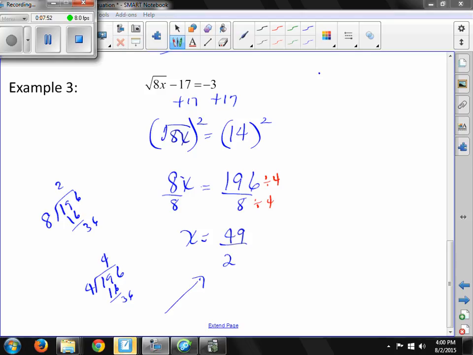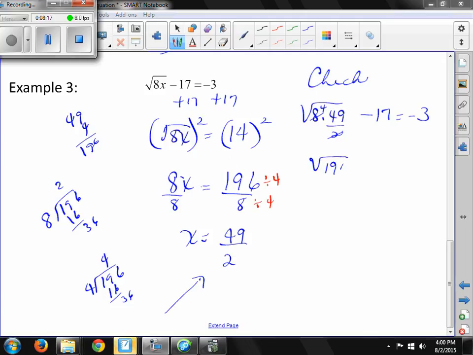Let's check. The square root of 8 times 49 over 2 minus 17 is equal to negative 3. So we have, I can cancel this out. 2 goes into 8 4 times, so I have 49 times 4, which is 196, minus 17 equals negative 3.